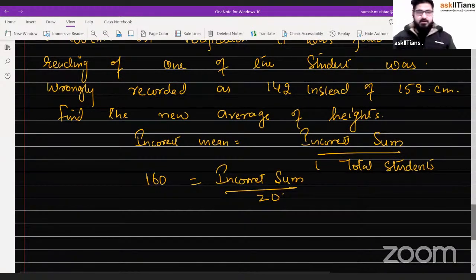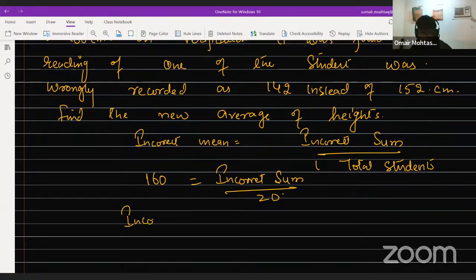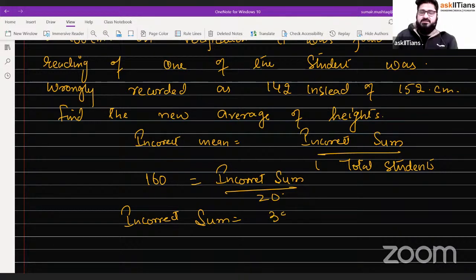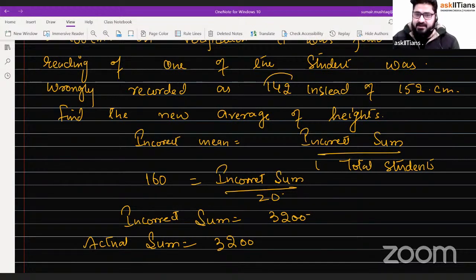Okay. Tell me how much will be the incorrect sum? 160 into 20, that is 3,200. Okay. Now, the actual sum will be 3,200 minus 142. See, I have written 142, but I have to write 150.